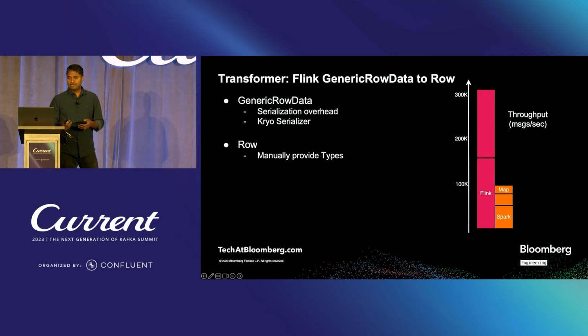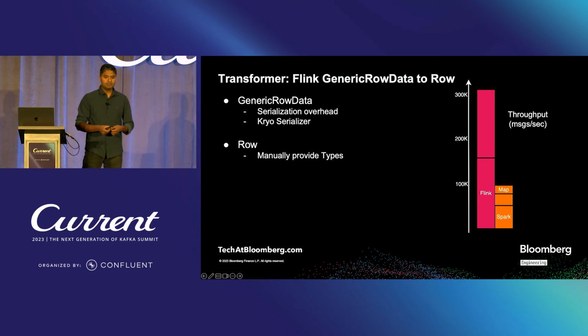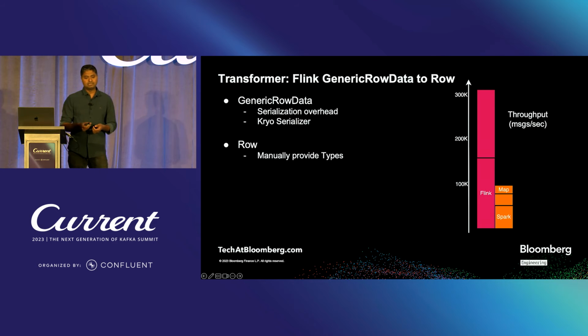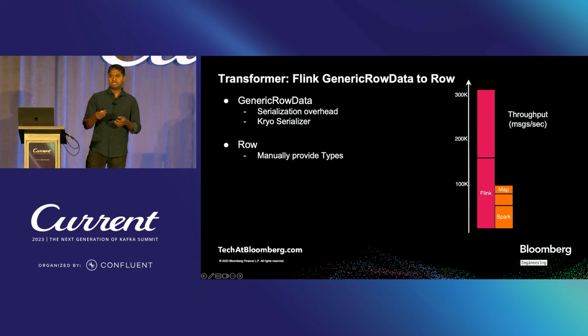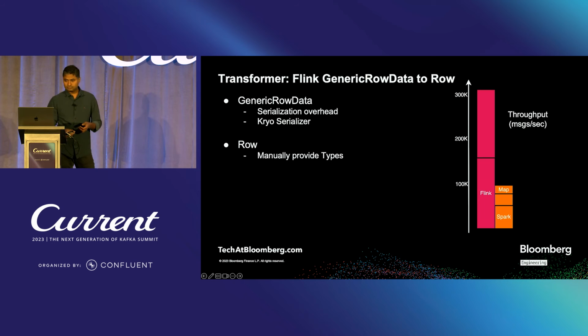We then looked at how Flink does the same thing for decoders. We started with a generic raw data, and when we looked at the flame graphs, we found out that this particular implementation has significant serialization and deserialization overheads when exchanging messages from a Kafka operator to the Iceberg writer operator. And this was almost taking 60% of the overall CPU.